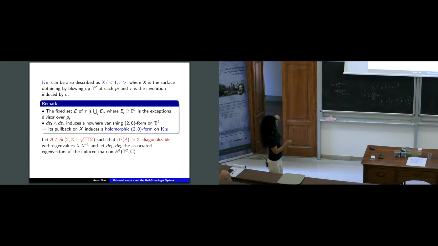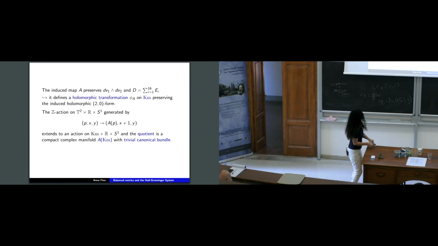So let's take a matrix with elements which are Gaussian integers, and then we have that condition. That condition is one we will see later: a hyperbolicity condition on the cohomology of type (1,1), and that ensures in some sense that the manifold that you construct at the end will be non-Kähler. Diagonalizable with eigenvalues, of course, lambda and the inverse of lambda, and let's take the associated eigenvector on the induced cohomology.